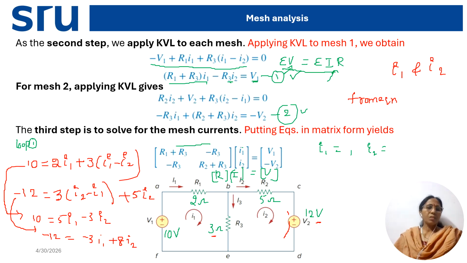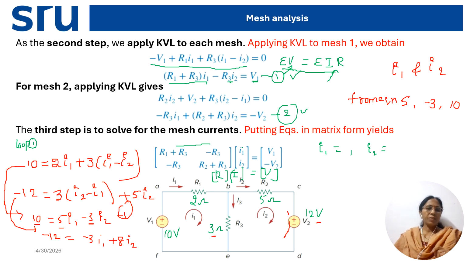In equation 1, the first a value is 5, and equals, it will take a. Next equals means the second coefficient, here it is minus 3, and the third constant value is 10. So 5, minus 3 and 10.